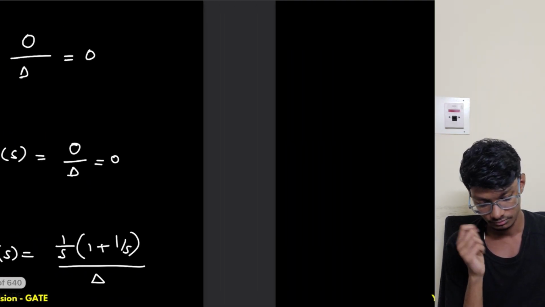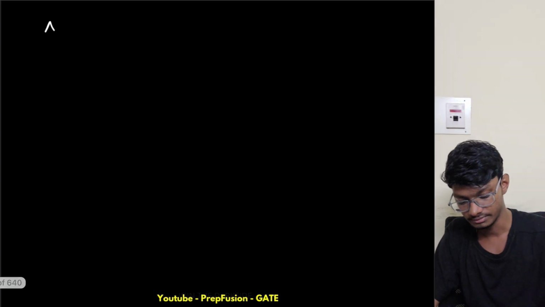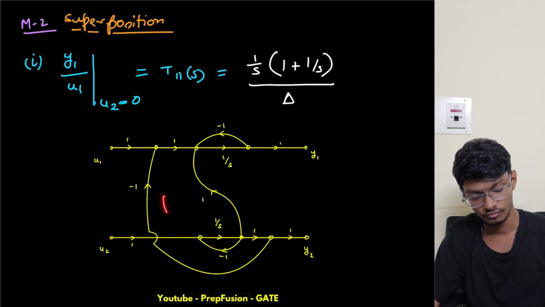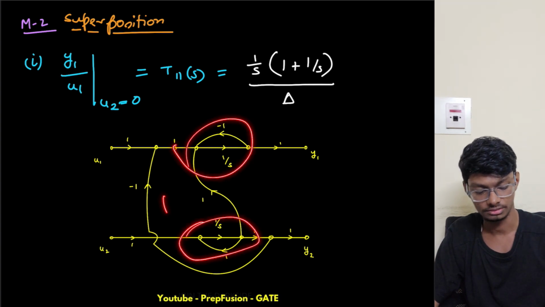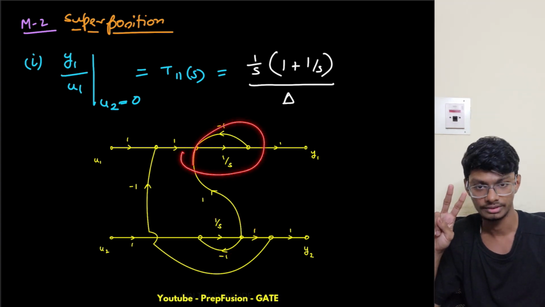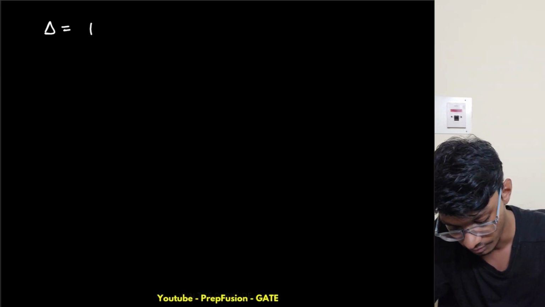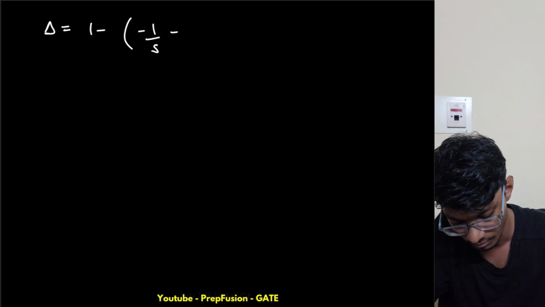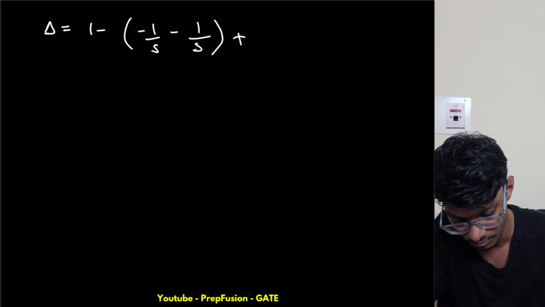Now what I can do is find delta. Delta is basically 1 minus of minus 1 by s minus of 1 by s, plus minus 1 by s times minus 1 by s.